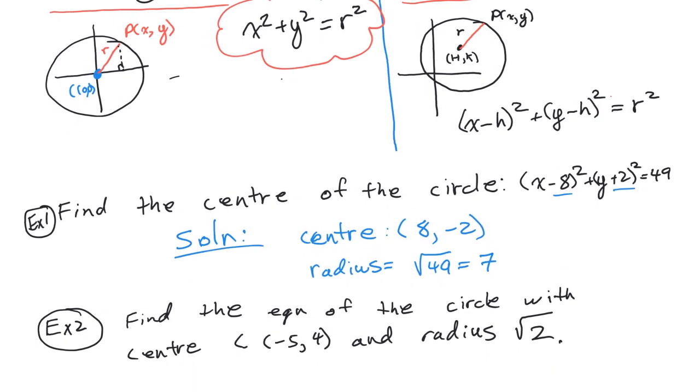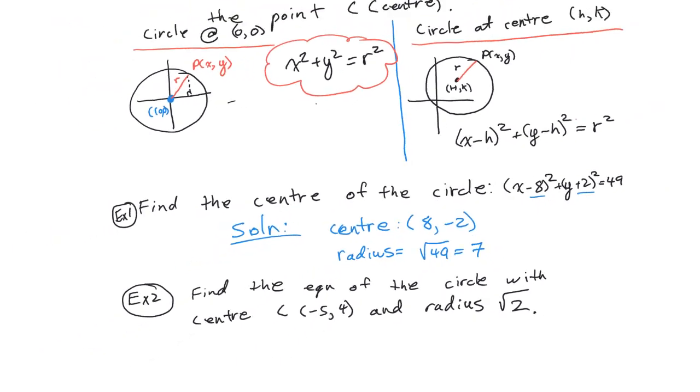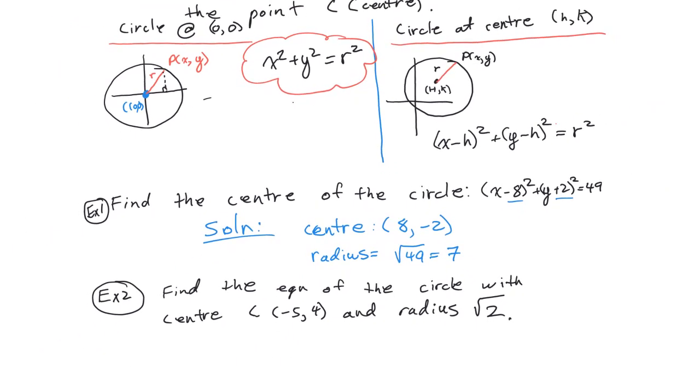So let me just zoom in a little bit. All right, so originally when we had our two circles, there was one that was defined by this one here, where we were looking at our radius of a circle starting at 0, 0.